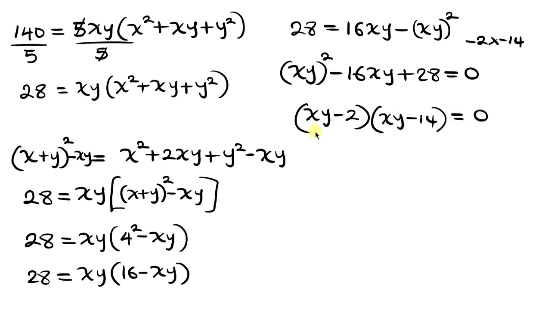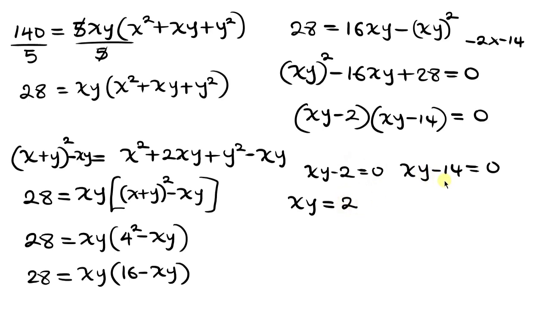Now, using the zero product rule, we have xy minus 2 equal to 0, or xy minus 14 equal to 0. So for the first one, we have xy equal to, as negative 2 crosses to the right, it becomes 2.